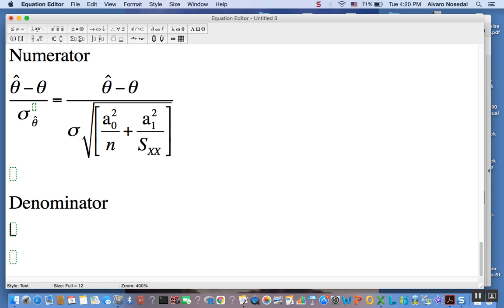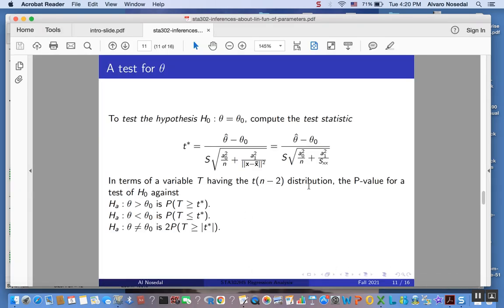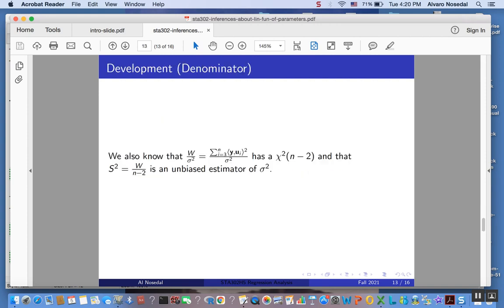So what we just said is here in our lecture notes. We used W for the sum of the squared residuals expressed in terms of the u's, where the u's were an orthonormal basis for the residual space.